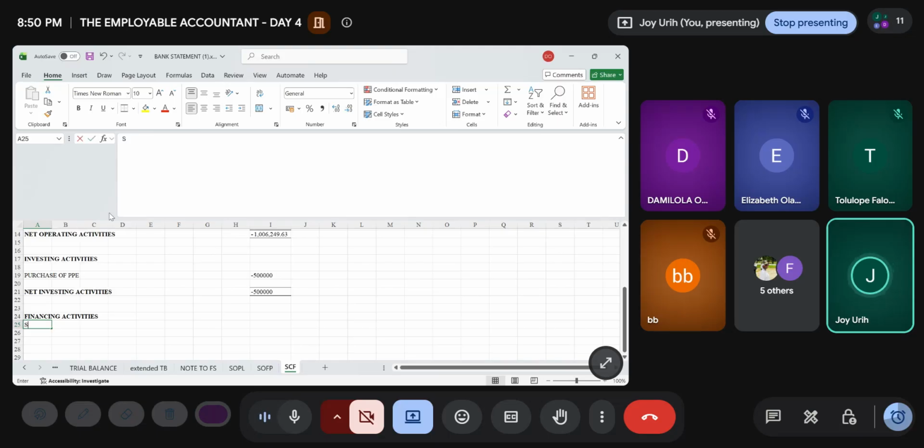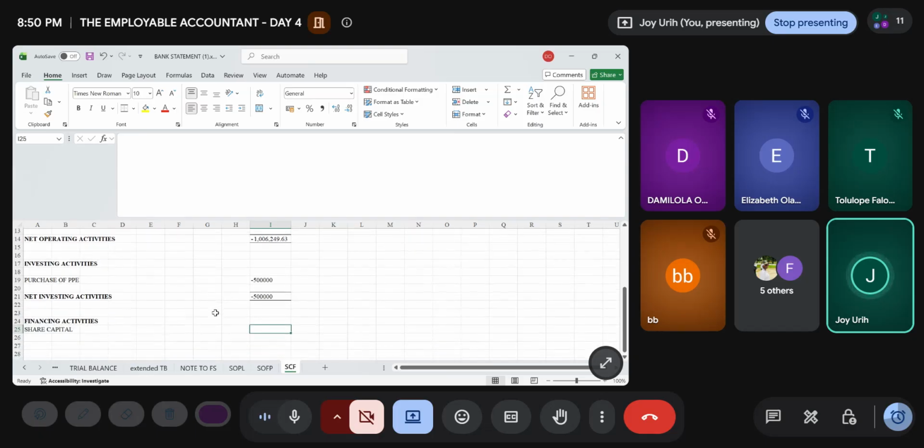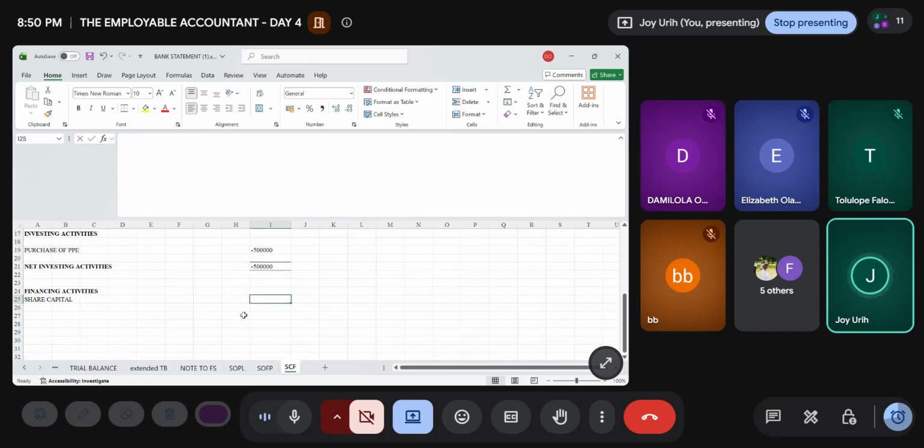So we have our share capital. Our share capital comes here. This we are going to pick from our statement of financial position. Normally when you are doing this, you want to know if there's an increase or decrease in all of these things. For our share capital, because the company does not have a previous year, it is assumed that it is an increase, so it will be an addition, right?